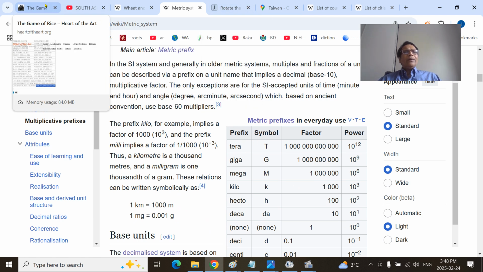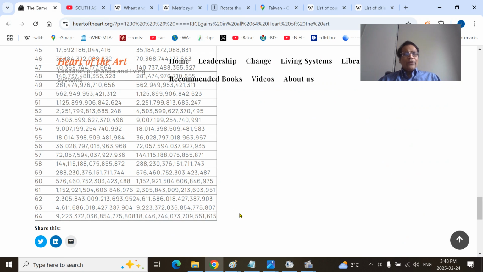And when you go to the 64th square, it contains 9 quintillion grains. The entire chessboard will have 18 quintillion exa rice grains on planet Earth.